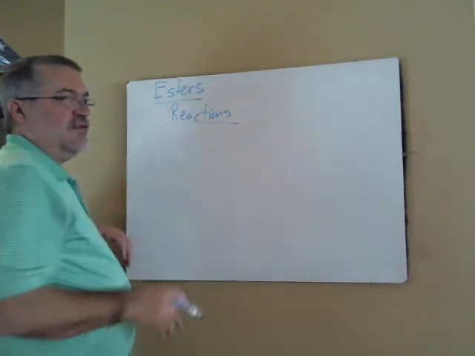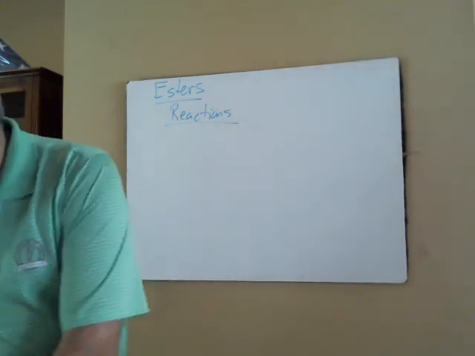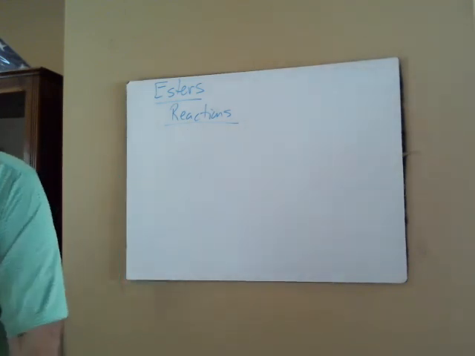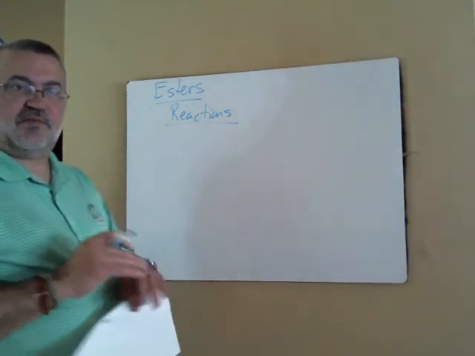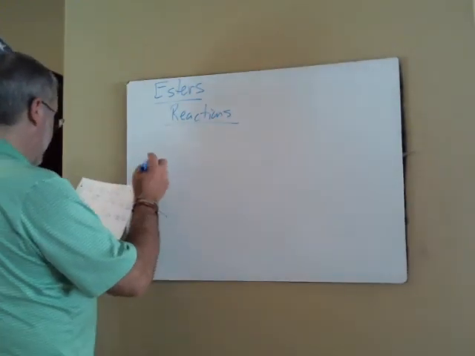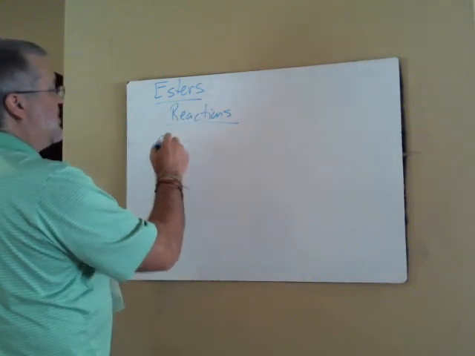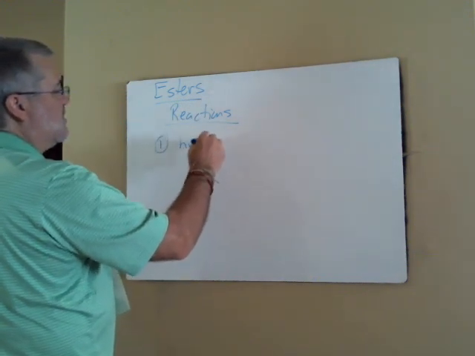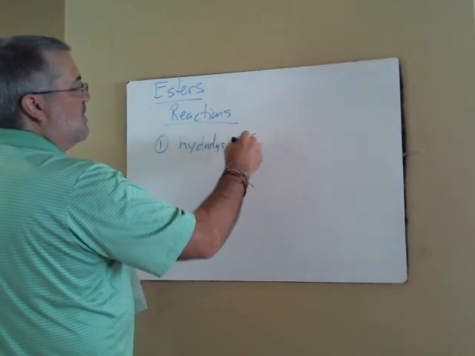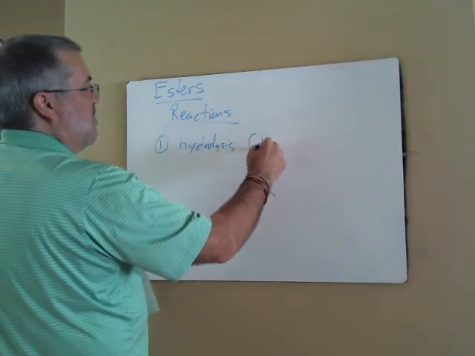So what reactions will esters undergo? Okay, well, I'll give you just a kind of a hint of where we're going to move in the next lecture, and that is the first thing we're going to talk about is hydrolysis. And that's going to be the reaction of an ester with water.